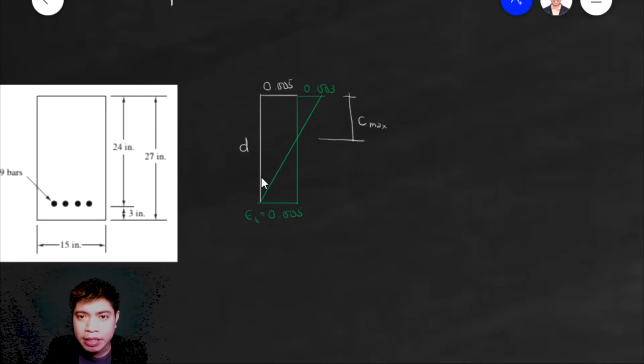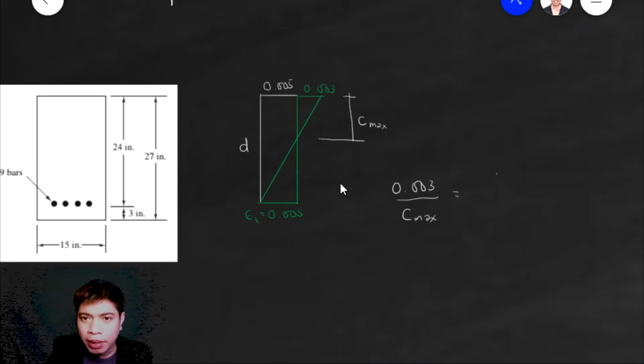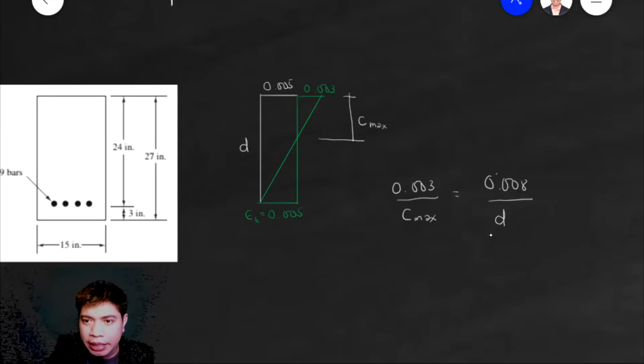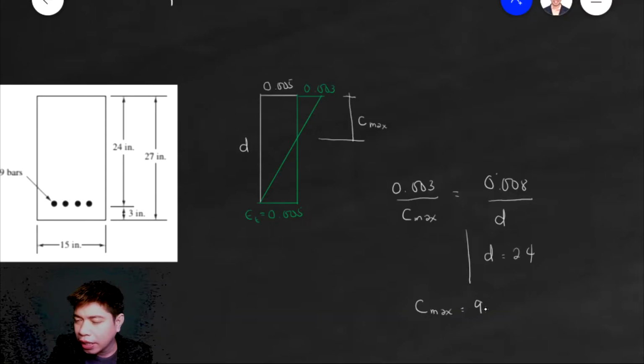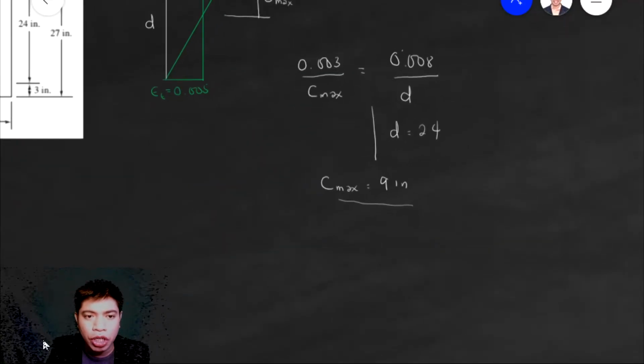So 0.003 divided by C max is equals to 0.008 divided by D. Yung D, given na sa problem, which is 24. Makukuha natin ang C max na equals to 9 inches. Ito yung gagamitin natin ngayon sa pag-solve ng raw maximum.